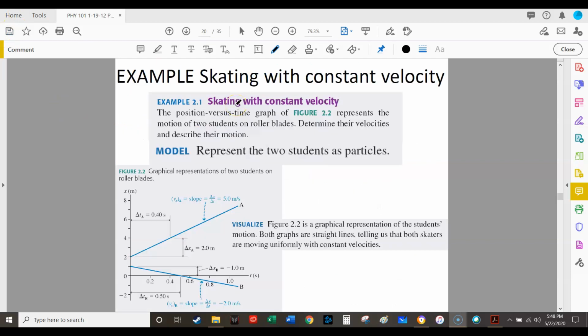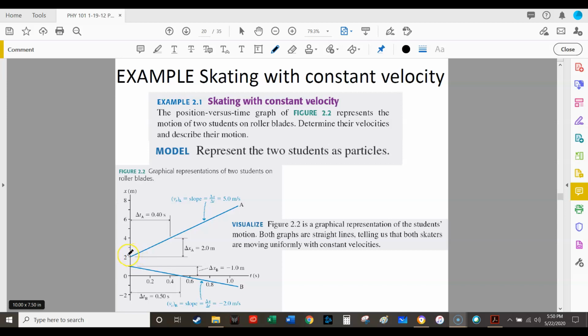So this next slide, I wanted to give this to you. Sorry about that. I want to put this example on here where you have a person skating. Okay, you have essentially two students on rollerblades, and you have to determine their velocities. So in this problem, you're actually given this graph, and you have the first person that was traveling.